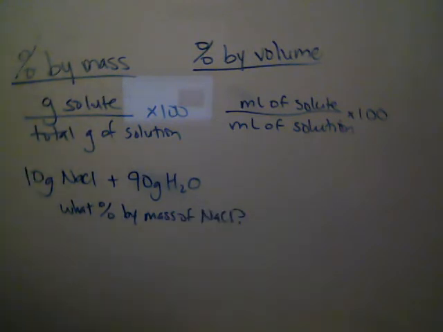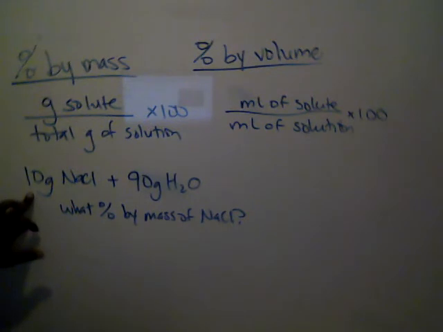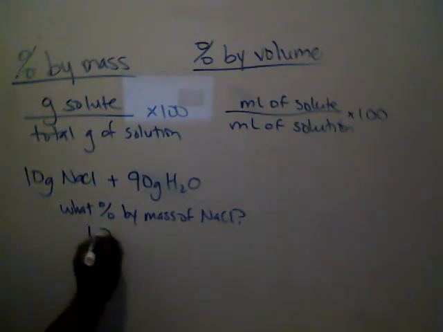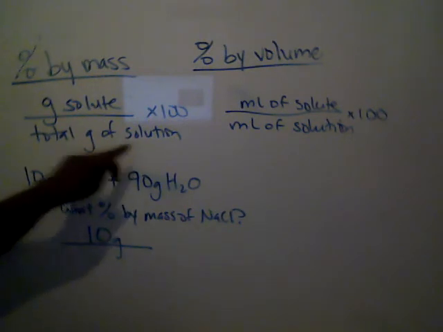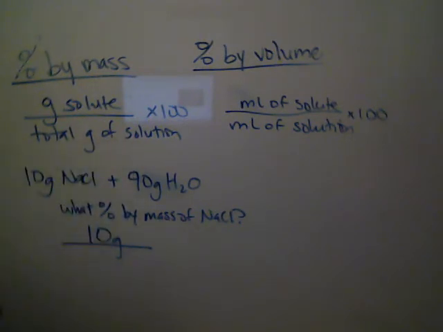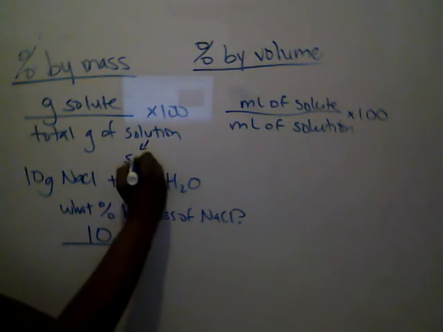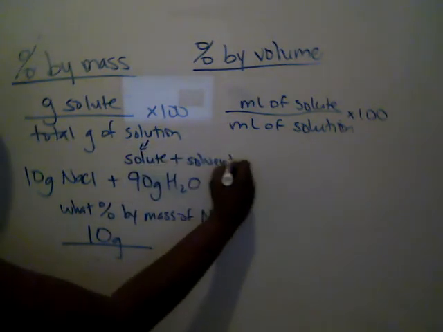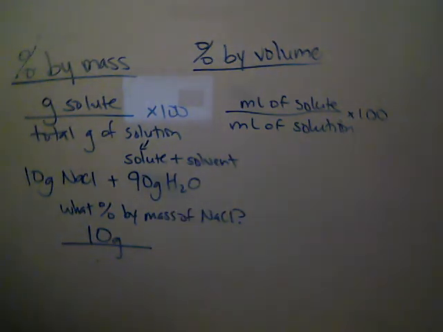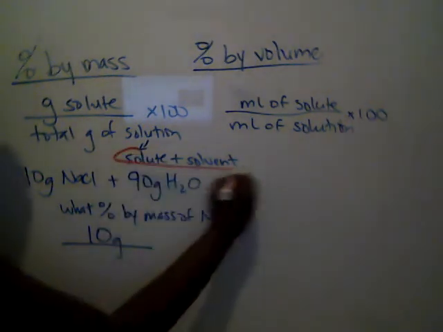Very simple calculation. Grams of solute, this guy is our solute. The 10 grams is our solute. So we just do 10 grams over the solution. Solutions are always your solute and your solvent added together. So I'll write that. The solution is always your solute plus your solvent when we're doing these calculations. So you would need to know what both of those are.